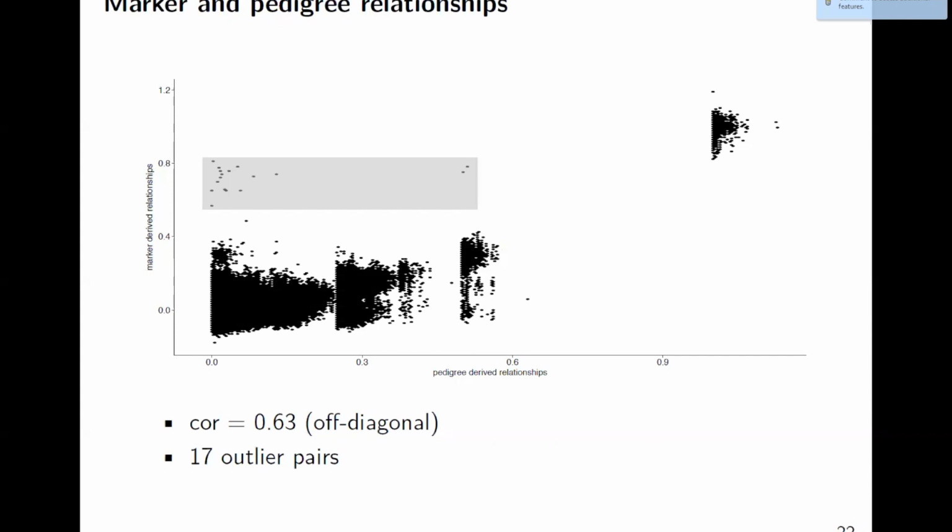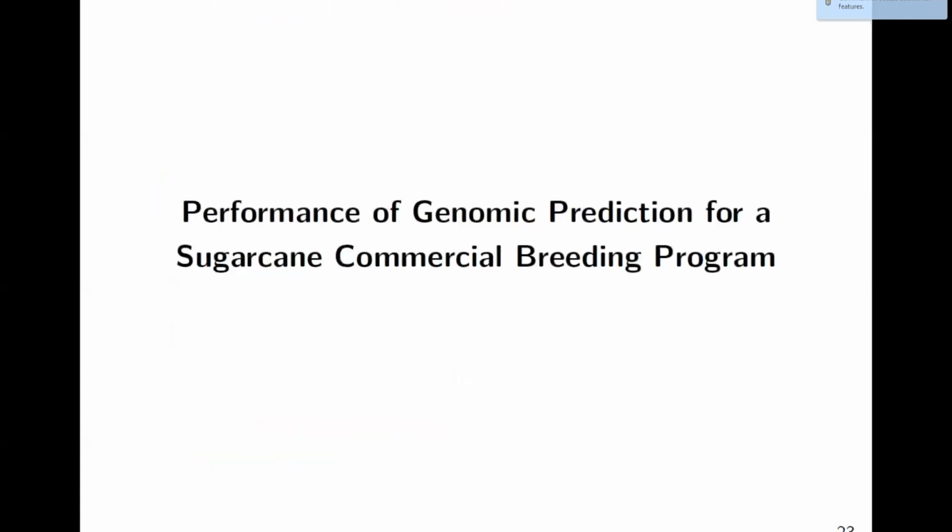And we are able to detect some outlier clones that we decided to not use in the following analysis. Basically, they look like replicated individuals. Maybe there's some mislabeling. This comparison allowed us to do this filtering. Those are 17 pairs.